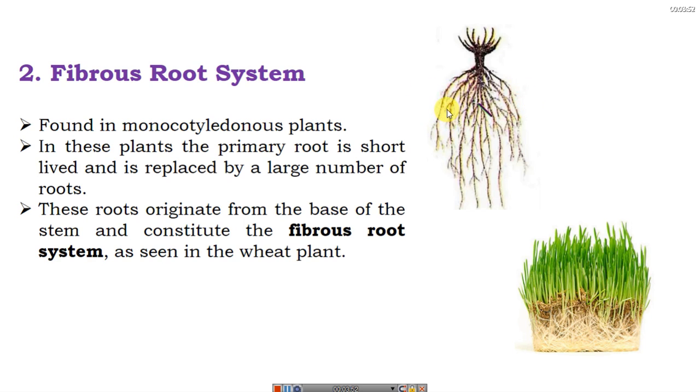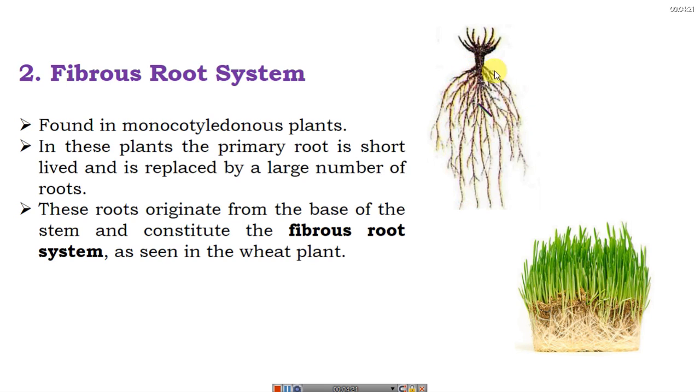Unlike the taproot system where there was a primary root and then secondary and tertiary roots were arising from this, there is no such main primary root. So the primary root is short-lived, that disappears very quickly, and a large number of similar looking roots, similar in thickness, arise in place of the primary root.